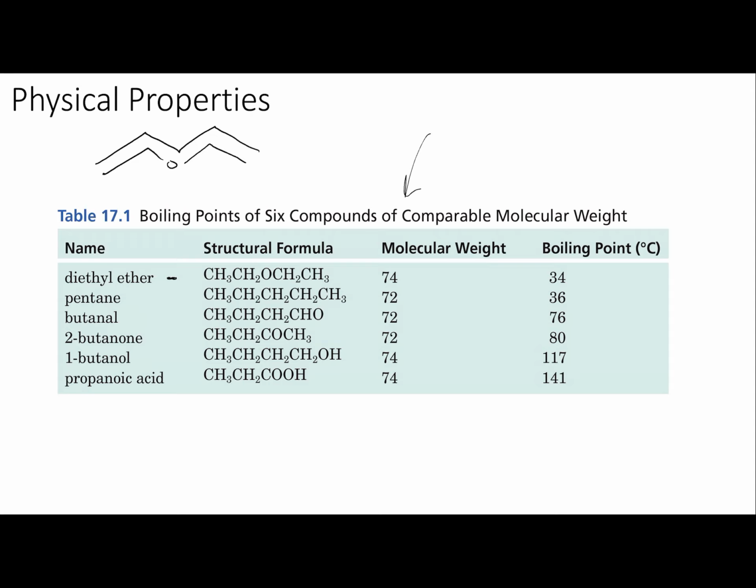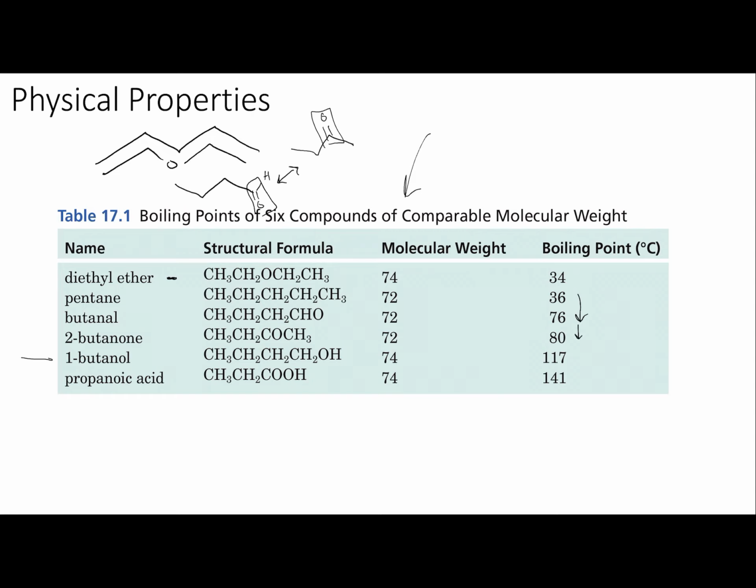Butanal, so then butanal with its aldehyde, right? And its polar group, suddenly it jumps from 36 to 76. 2-butanone, same number of carbons as butanal, but the carbonyl being more in the center of the molecule actually makes it closer to 80.